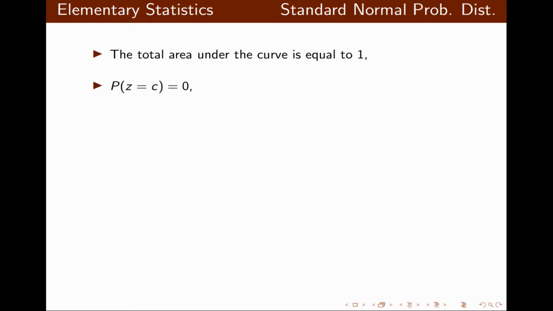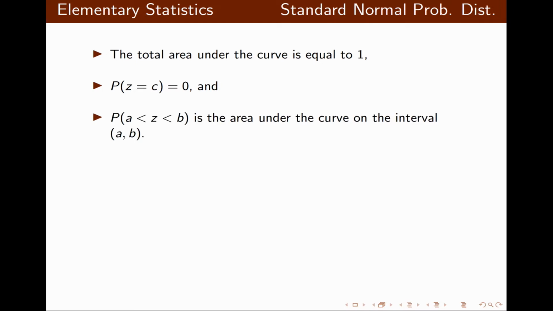Probability that z is equal to a specific number is equal to 0. And probability that z is between two numbers a and b is the area under the curve on the interval ab.